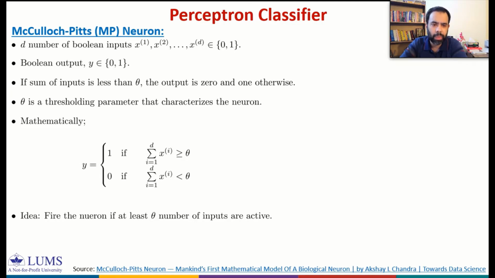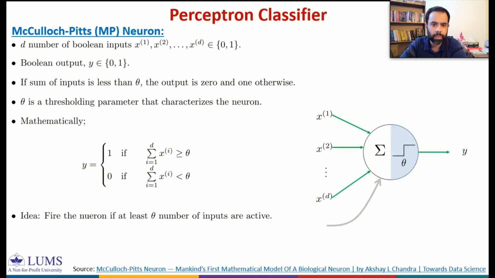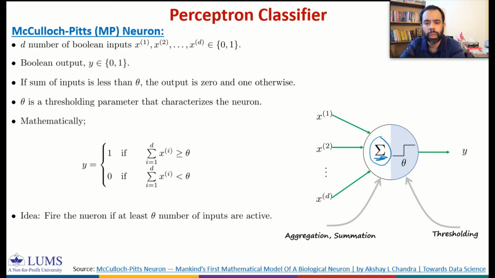Graphically, this can be represented in this form. So we have d number of inputs. This is the McCulloch and Pitts neuron. It has 2 stages. The first one is it aggregates, it combines all the inputs. So this is the aggregation stage, and the next stage is thresholding. If this sum is less than theta, the output is 0.